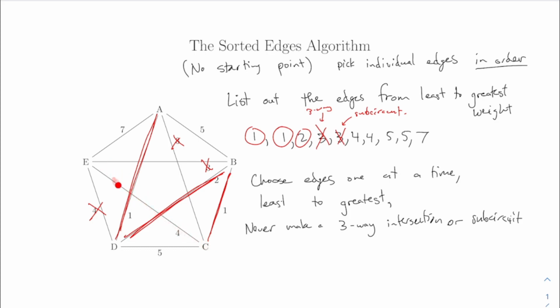It does not make a three-way intersection, and it also does not make a sub-circuit. Maybe you're thinking of what about this little triangle here or this triangle here? Those don't count as sub-circuits because these are not real vertices. That's not even a path in this graph because that's not an edge. The edge goes all the way.